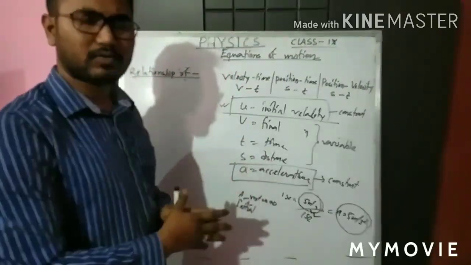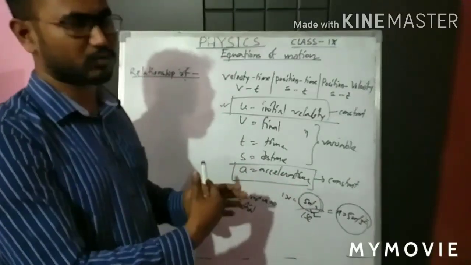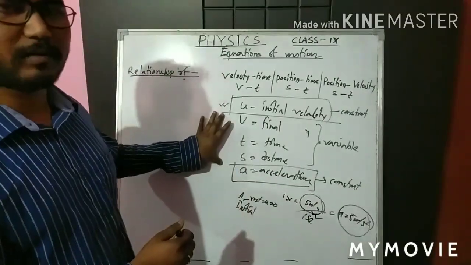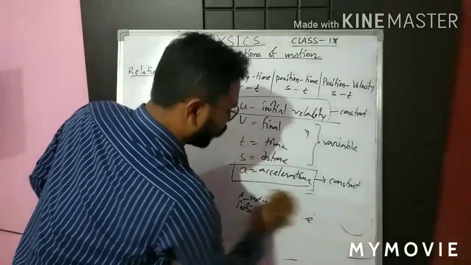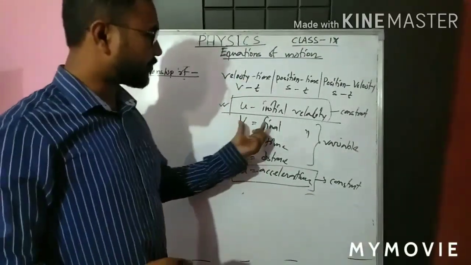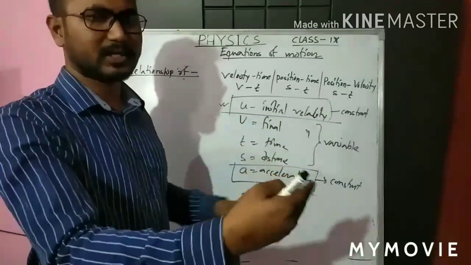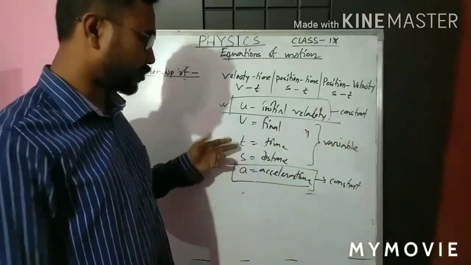The terms and conditions whatever we are considering in motion in a straight line path, where they are considering uniform acceleration motion, these two terms will be constant. So the only variable terms we are getting are v, t and s, that is final velocity, time, and distance. Time is changing each and every period, suppose 1 second, 2 seconds, so time will definitely be variable.